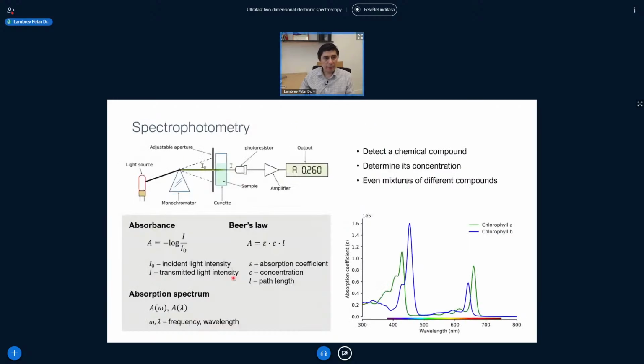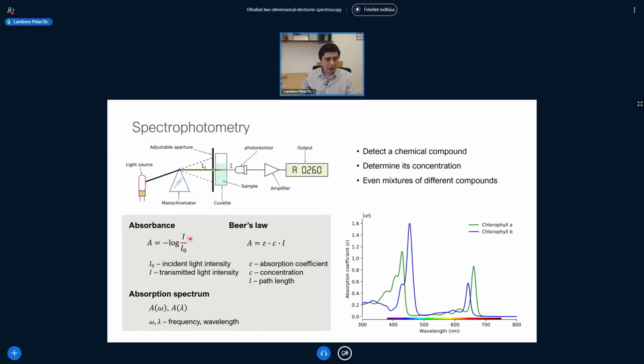Now, the simplest kind of electronic spectroscopy that everybody knows is spectrophotometry. We shine light of a certain color on a sample that is maybe a solution of some molecule, and we are measuring the intensity of the transmitted light relative to the intensity of the incident light. That is what we call transmittance.